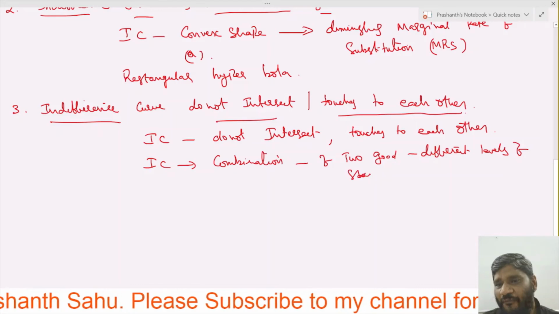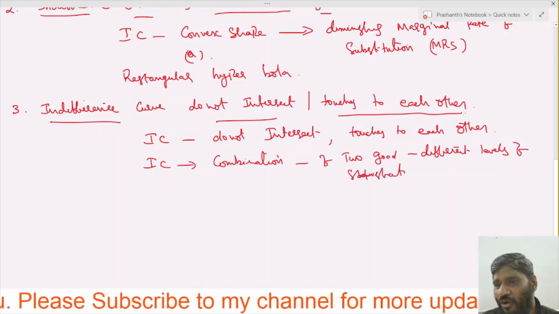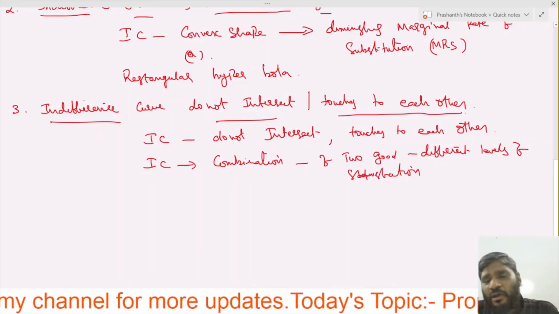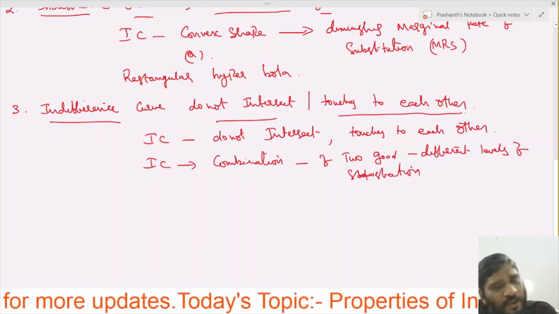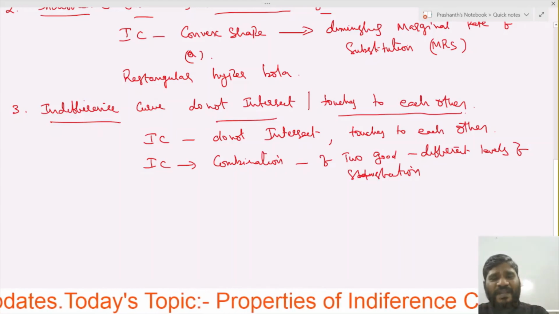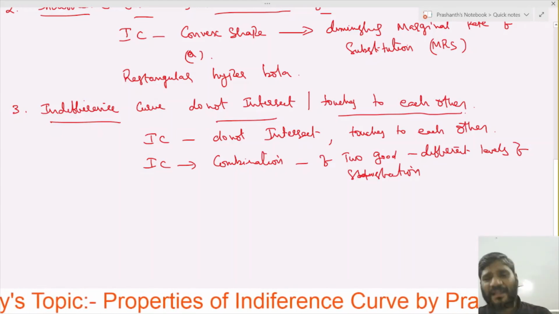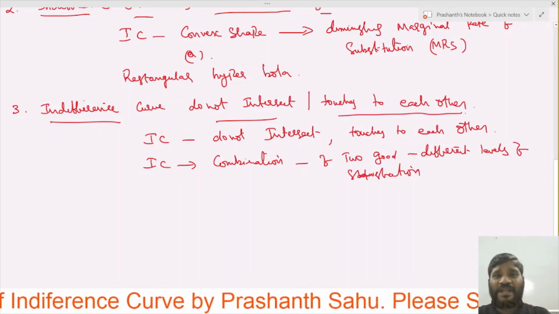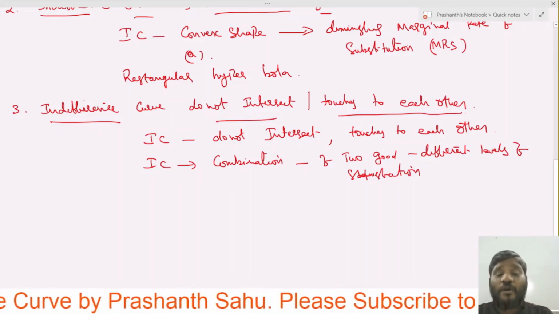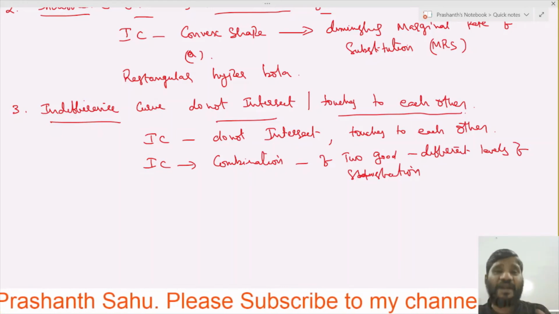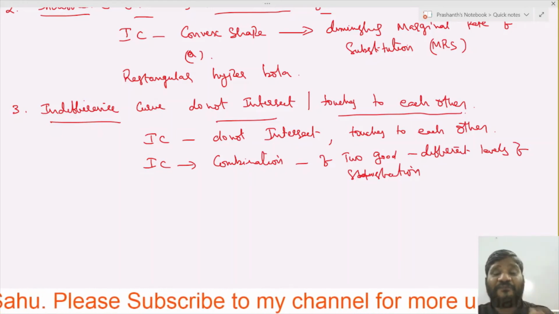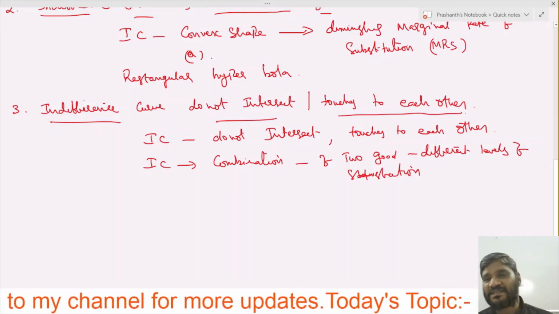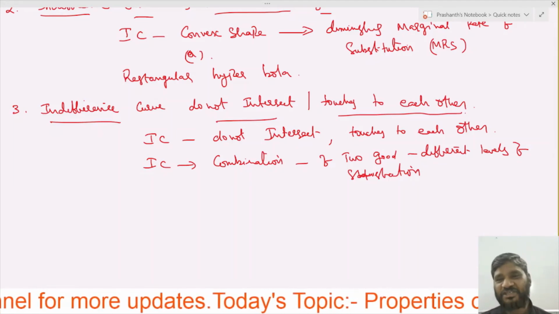When we take two goods and prepare the combinations, one combination is not equal to another combination. So we see different combinations in which different levels of goods are distributed, so that he gets different levels of satisfaction. That's why it does not intersect or touch each other.